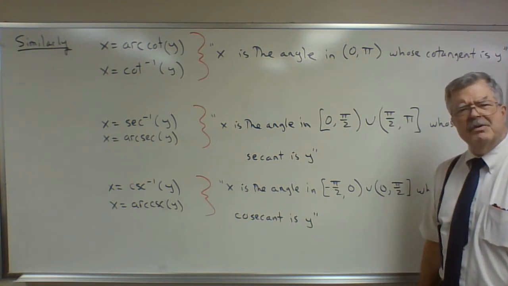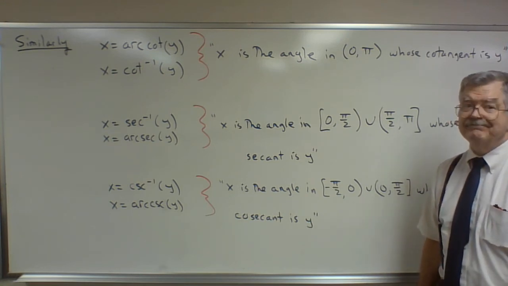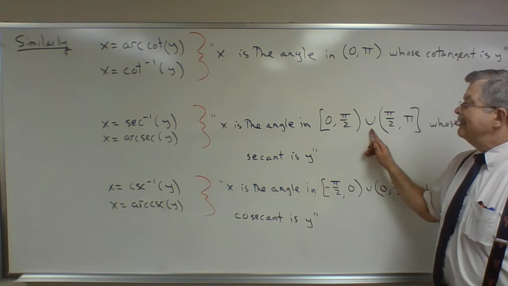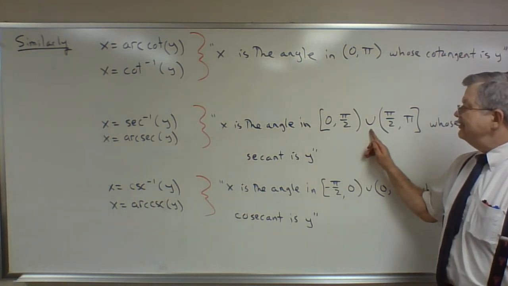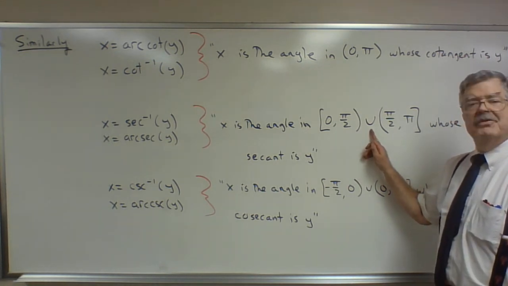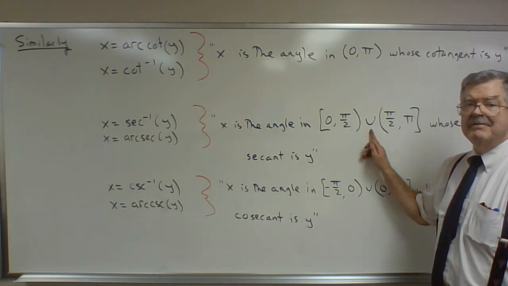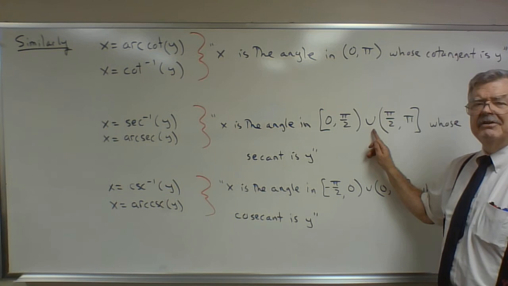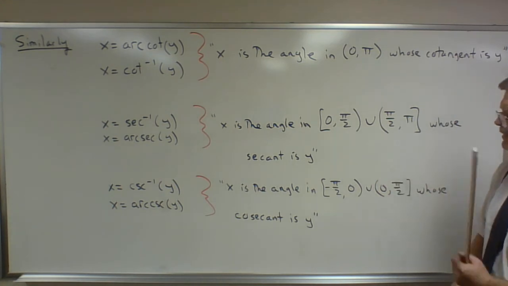Well, why on earth would we do such a thing? It turns out that if x is equal to pi over 2, then secant of x is undefined. So again, division by 0 issues here.